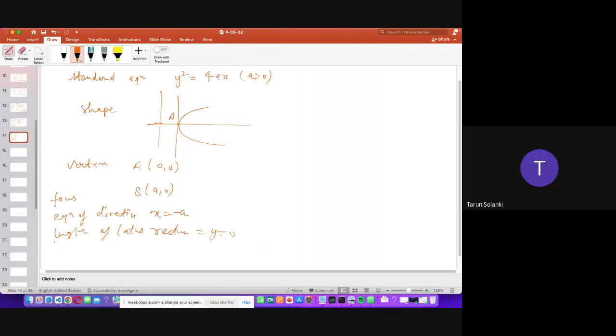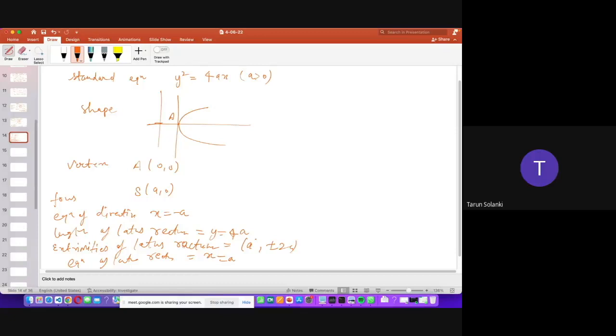Next are the extremities of the latus rectum, which are a comma plus minus 2a. The length of the latus rectum will become 4a. Equation of latus rectum is x is equal to a.